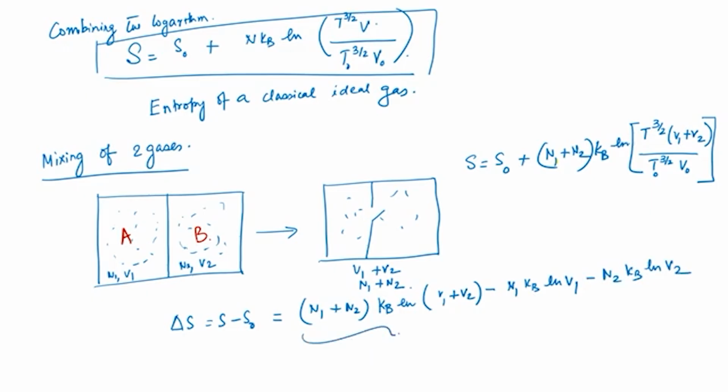So, this is for the combined gas, and these are for the individual gases. Okay. So, this is the change in entropy, and this looks fine, excepting that we will see that in just a while.